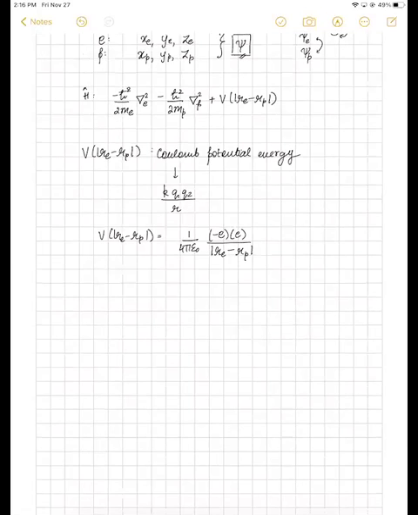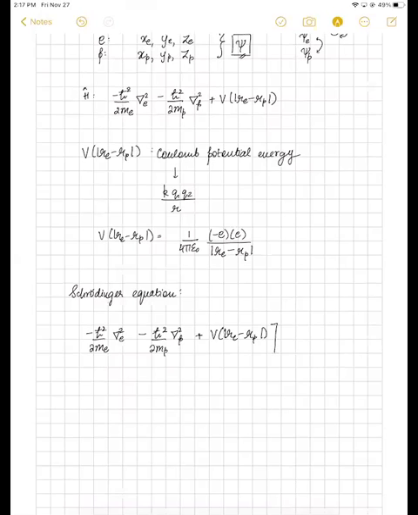So now to write it more explicitly, our time-independent Schrodinger equation becomes minus h bar squared by 2 me delta E, minus h bar squared by 2 mp delta P, plus our potential energy term, times our wave function psi, which we've seen now is a function of xe, ye, ze, xp, yp, zp.